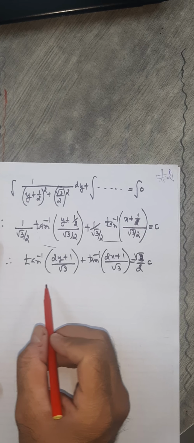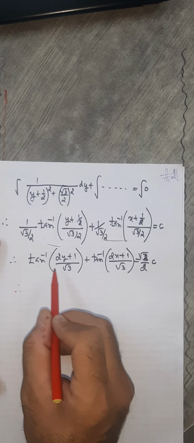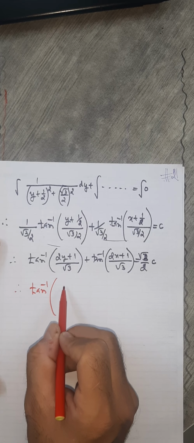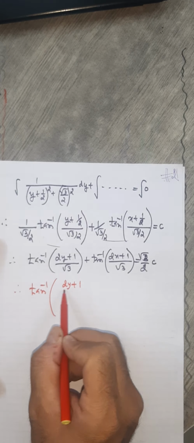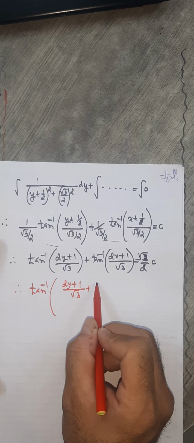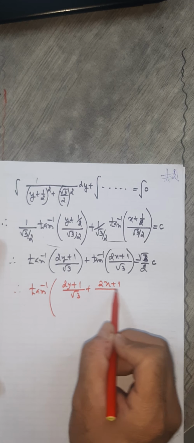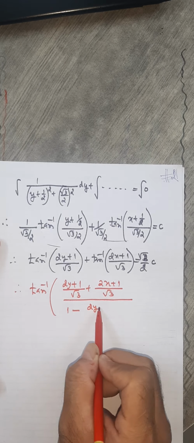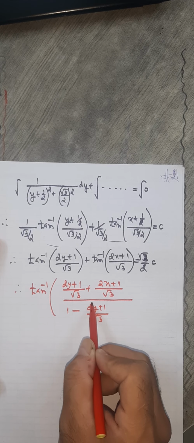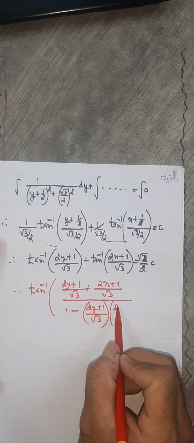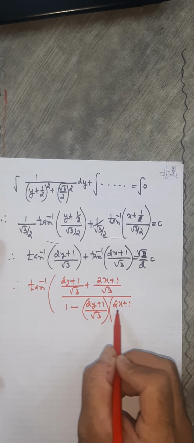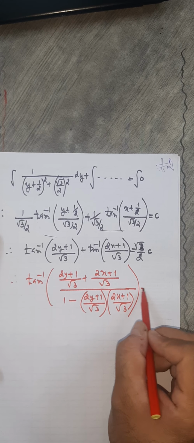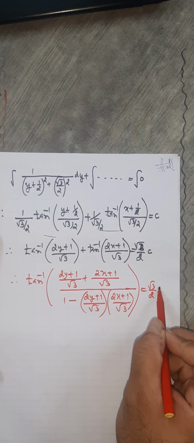So we need to get that form. Now we'll use which property? Tan inverse x plus tan inverse y. So tan inverse of 2y plus 1 by root 3 plus 2x plus 1 by root 3, upon 1 minus this 2y plus 1 by root 3 into here 2x plus 1 by root 3, equals to root 3 by 2 into c.